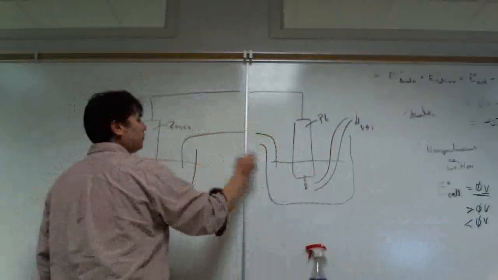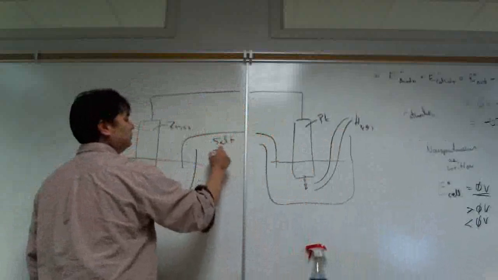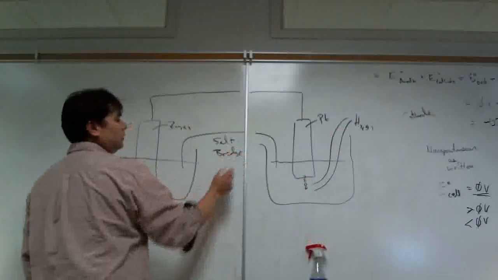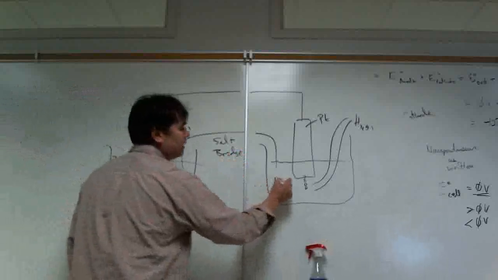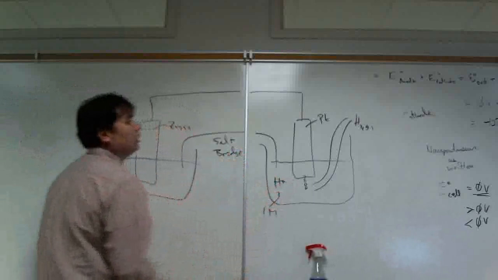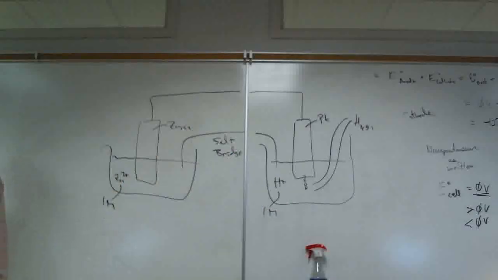And we have some salt bridge. So if we do this, where we have H+ at 1 molar, which way are the electrons going to go? Electrons will go left to right.